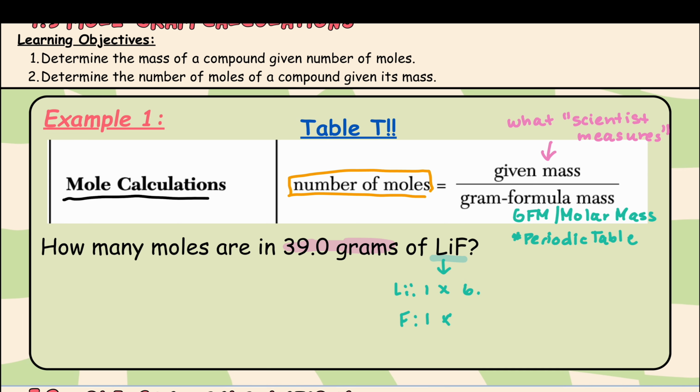And fluorine has an atomic mass of 18.99, so we'll just round that to 19. So adding those two together, we get that the gram formula mass of lithium fluoride is 25.9 grams per mole.